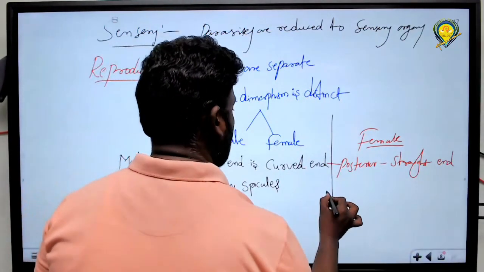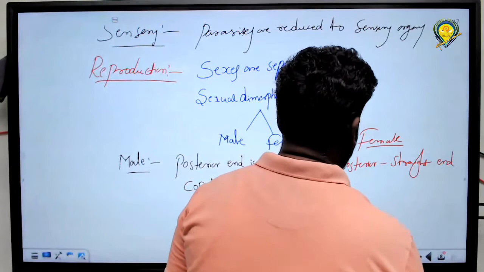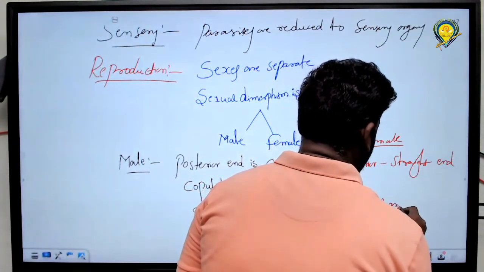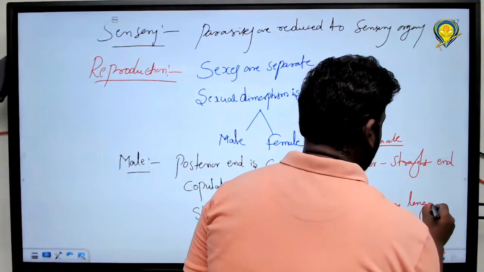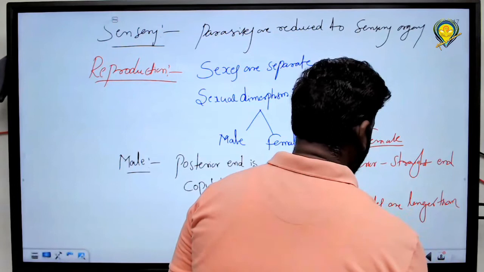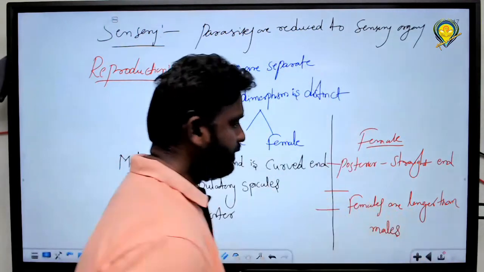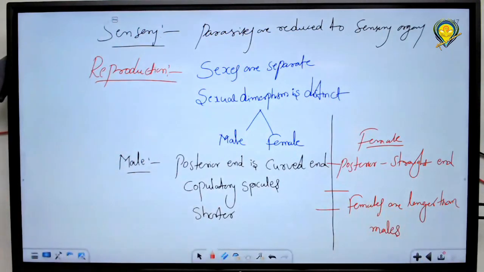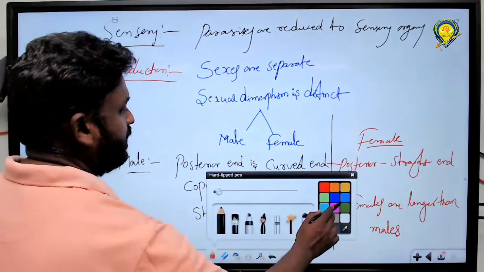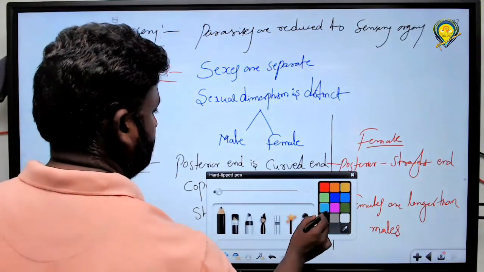Next point: copulatory spicules are absent, but females are longer than males. Okay, right? So we have to show that based on the diagram.